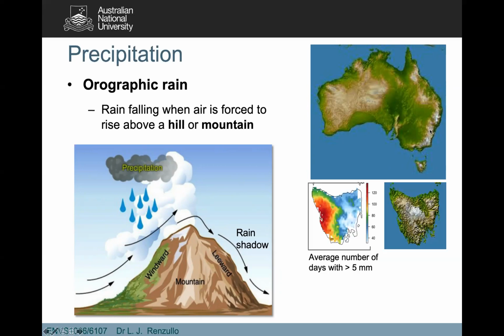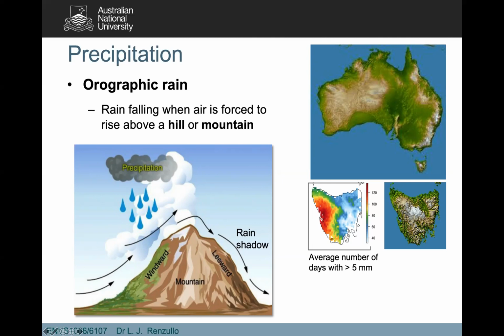Another nice example of orographic rain is in Tasmania. Anyone who knows the geography of Tasmania knows that there is a plateau here. I forget what it's called, but it's quite a large mountain range on the west coast of Tasmania. Air flows are typically from the west, that moisture-laden air rising above the range on the west coast of Tasmania, on the leeward side, resulting in a lot of rain, and not so much on the leeward side.